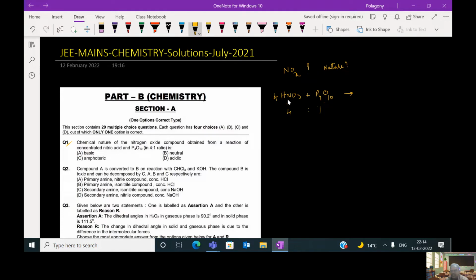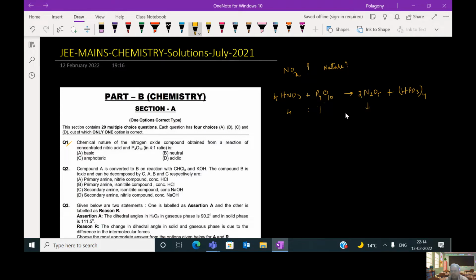So the concentrated nitric acid reacts with P4O10 and produces the anhydride of nitric acid, N2O5, plus we get HPO3 taken 4 times. That means we can get N2O5.